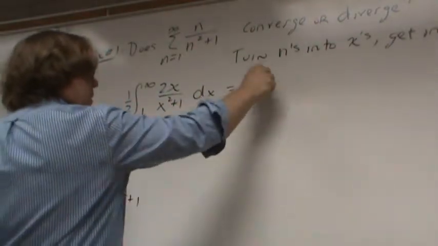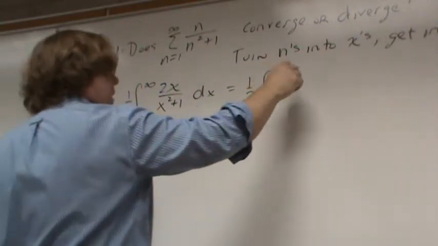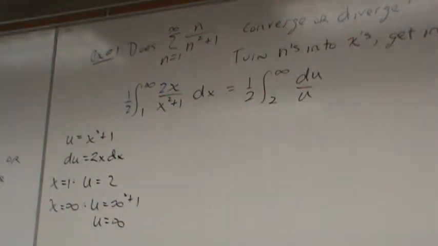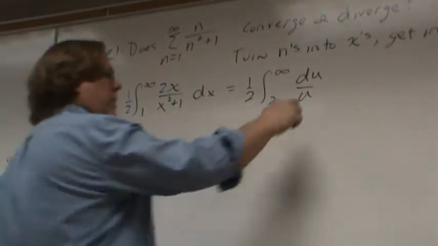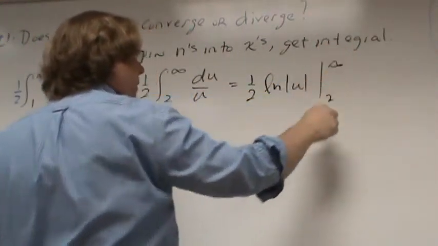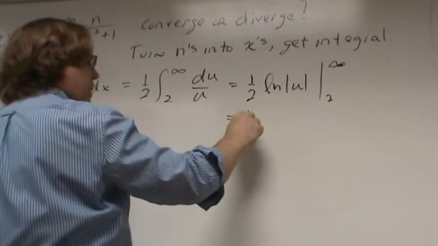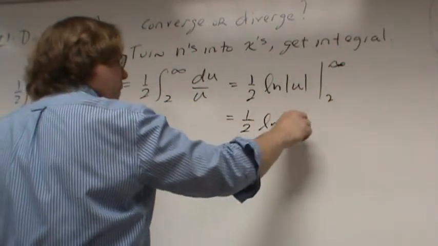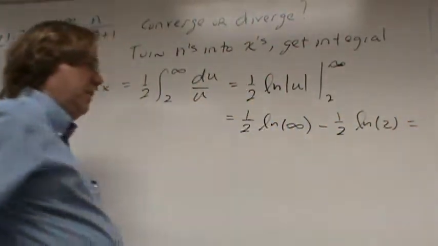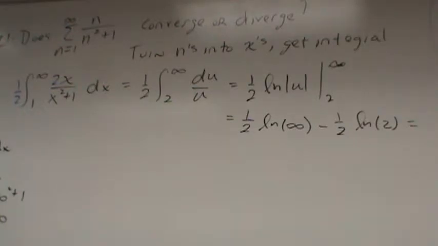So I rewrite this as the integral from 2 to infinity of du over u, which is 1/2 times the log natural of u evaluated from 2 to infinity, giving 1/2 times the log natural of infinity minus 1/2 times the log natural of 2. And that's infinity.